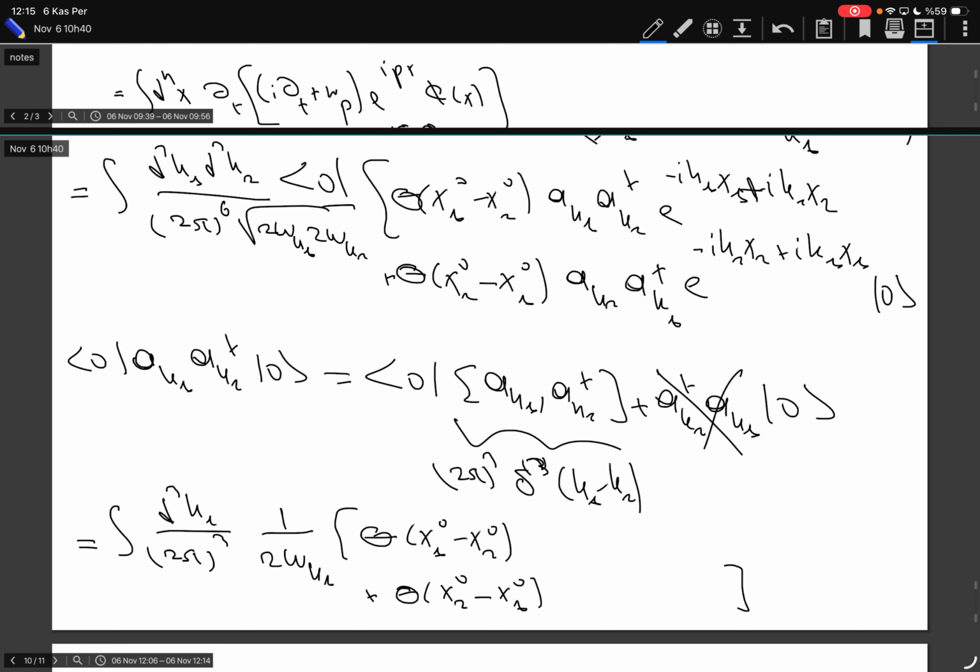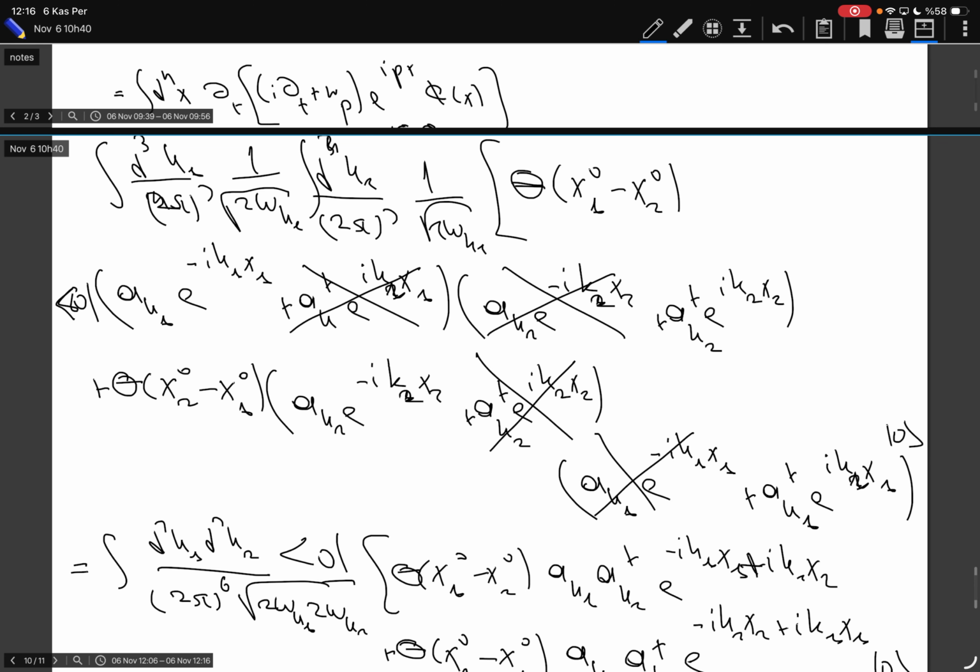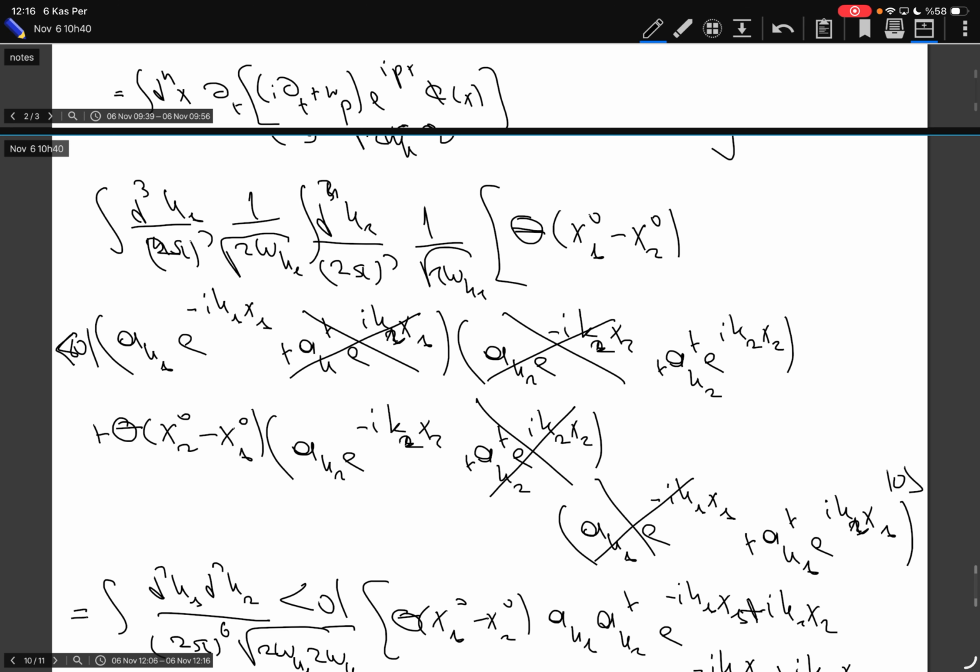So I will have e to the power minus i omega k1 times x1 minus x2, because when the three components are the same, the zeroth components are also the same, and e to the power i k1 x1 minus x2. Are the exponents correct? Yeah.